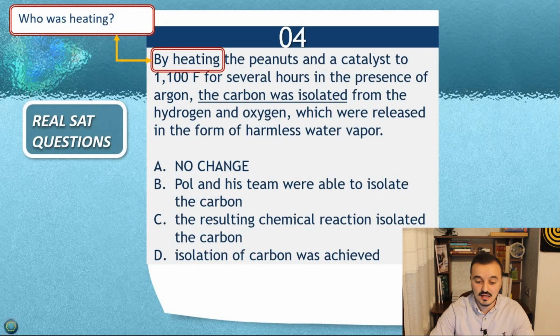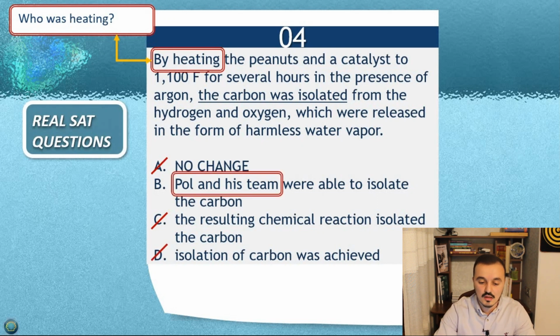Now it is clear, A is out because it started with the carbon was isolated. C is out because it started with the resulting chemical, but I need a person's name. D, isolation, is out. Only B has people, a person's name and his team. So the correct answer is B.